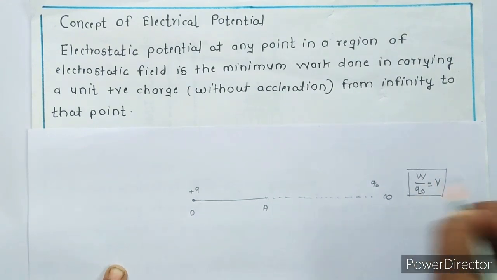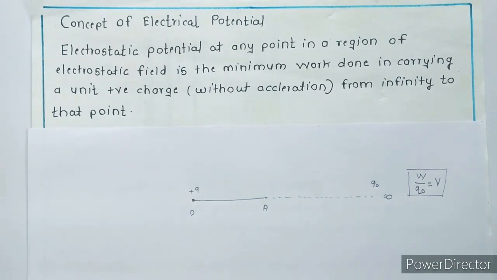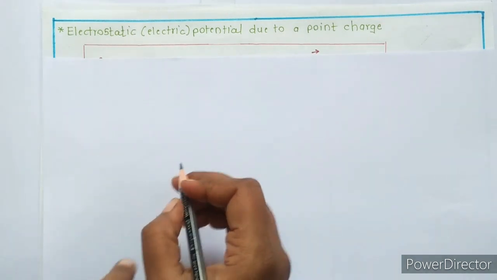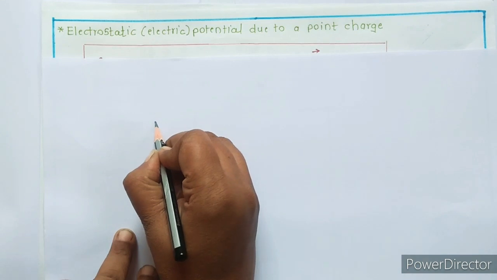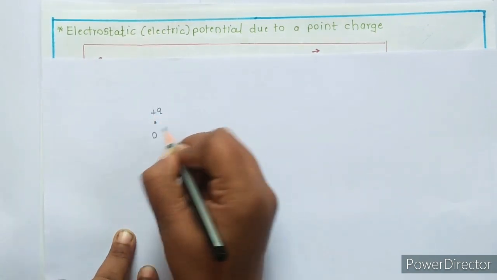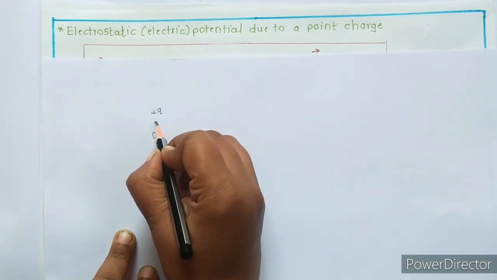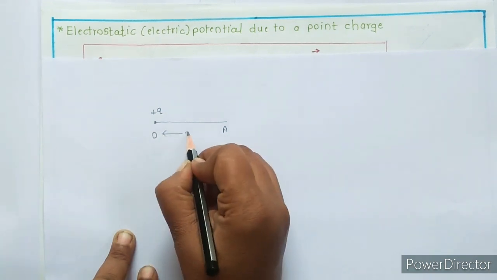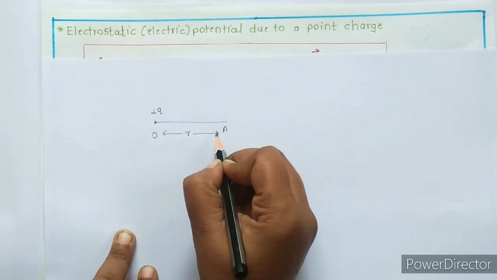Now we will derive an equation for the electrostatic potential due to a point charge. To find the electric potential due to the point charge, we consider a point charge plus Q situated at point O, and we need to find the electric potential at point A, which is situated at a distance r from it.